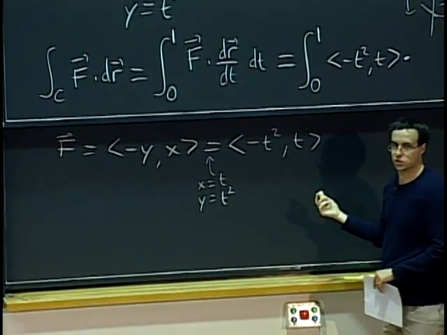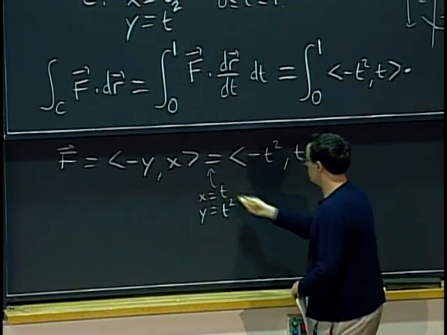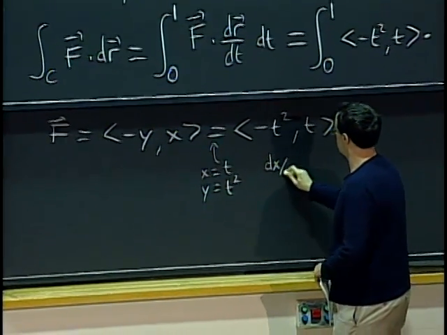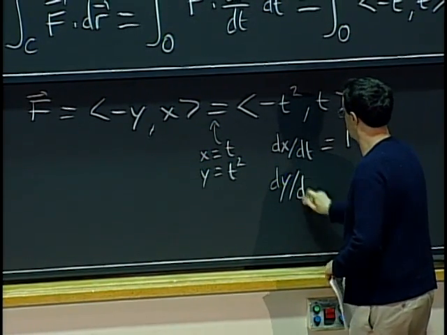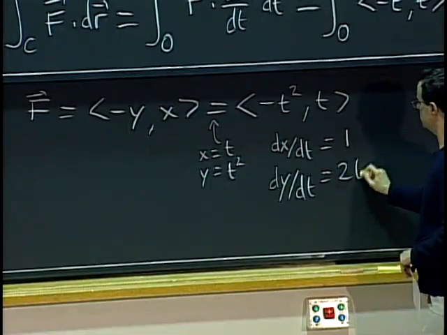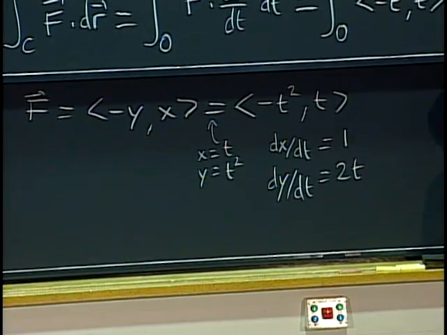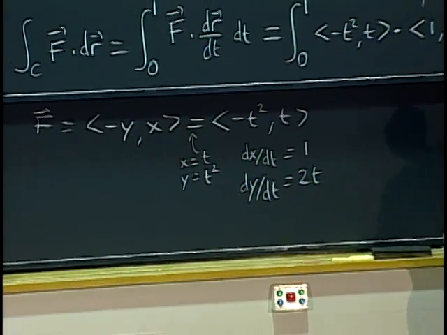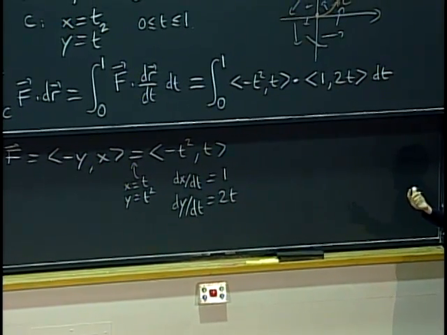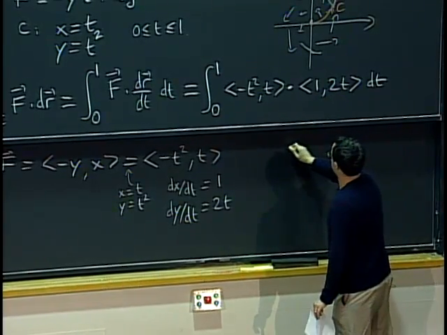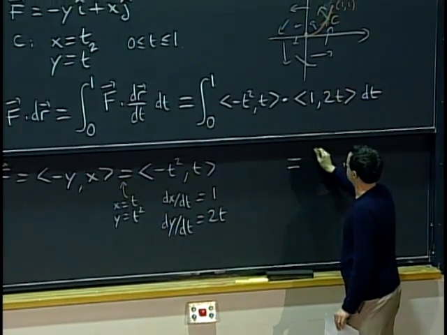What is the velocity vector? Well, dx/dt is just 1, and dy/dt is 2t. So the velocity vector is (1, 2t) dt. Now we continue the calculation.